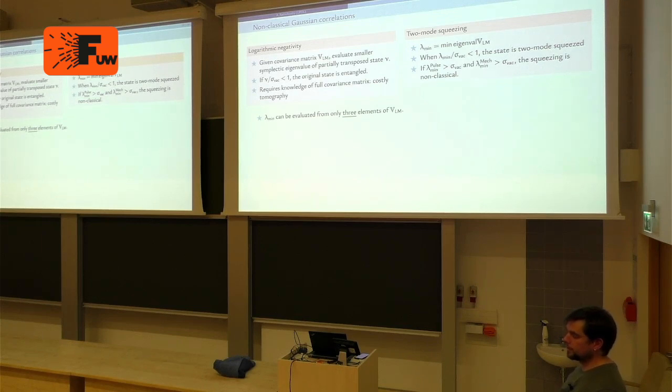I can have two modes which are a product state, and I would still call this state of light non-classical, even if there is no entanglement at all. So you should say here that they have some non-classical correlations. That's what we say in the paper, outside of the slides.